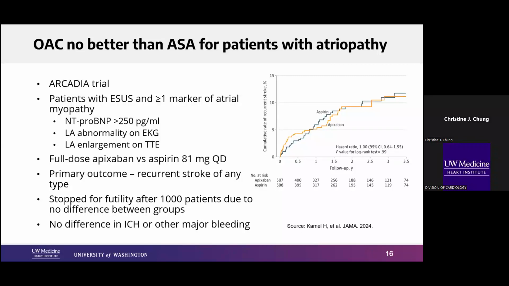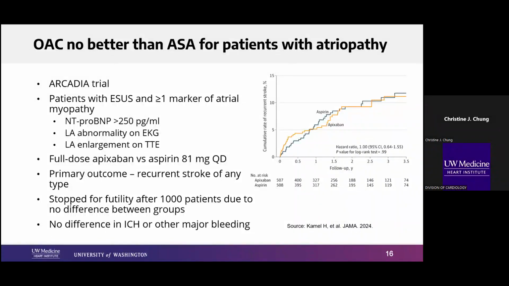So the markers that they used were an elevated NT-proBNP level, evidence of LA abnormality on EKG, and left atrial enlargement on echo. And then these patients were randomized to full-dose aspirin versus full-dose apixaban. And this study was actually stopped early because there was no signal in any difference between the 2, and it was thought to be futile to continue.